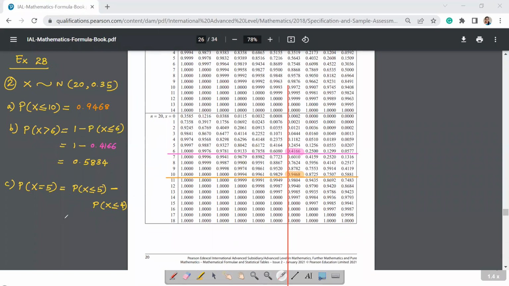Is this clear? Let's get the answer for x equal 5. All right, so for x equal 5, what's the answer? 0.2454, right?